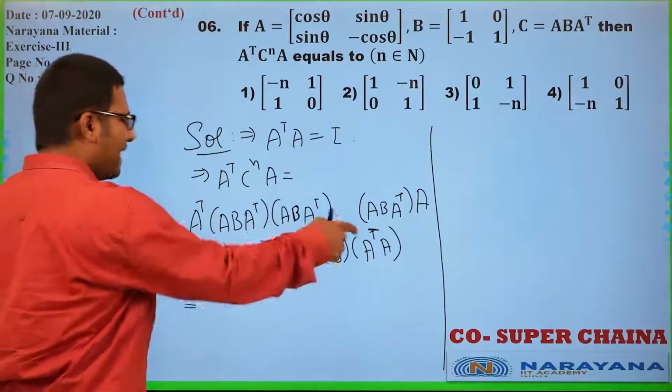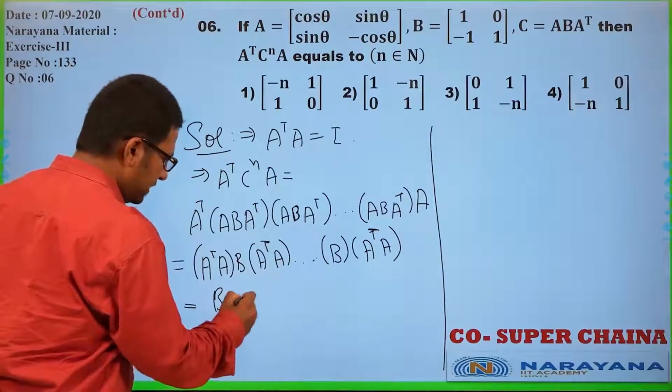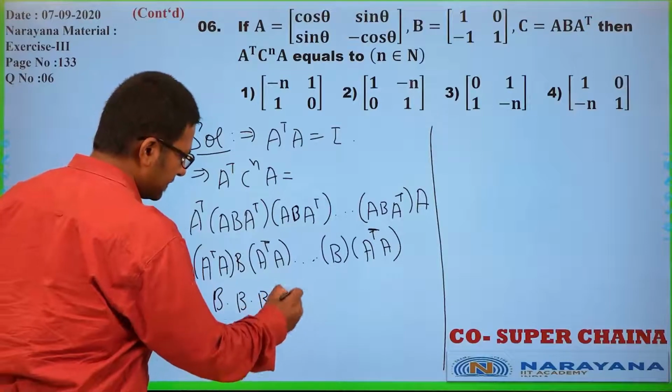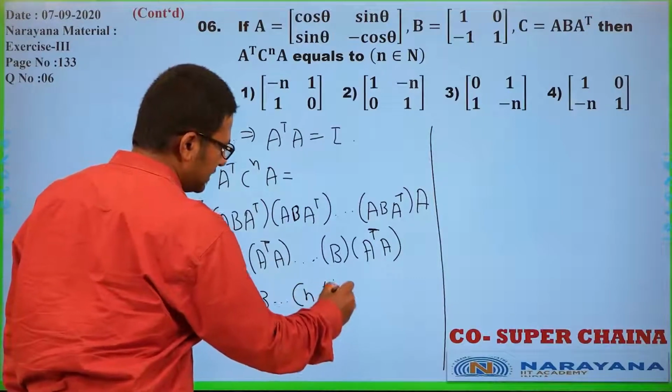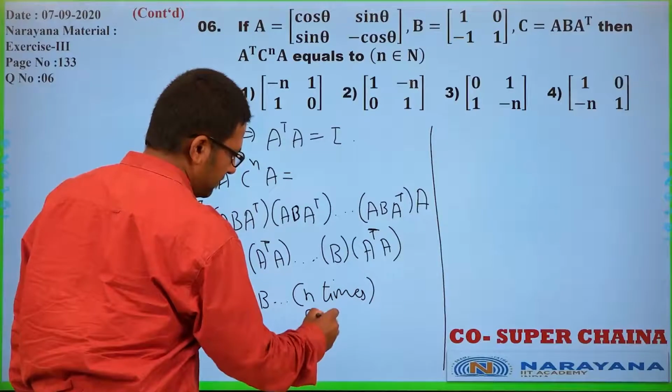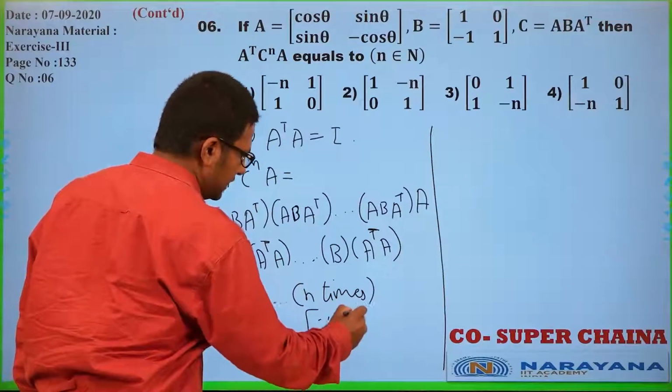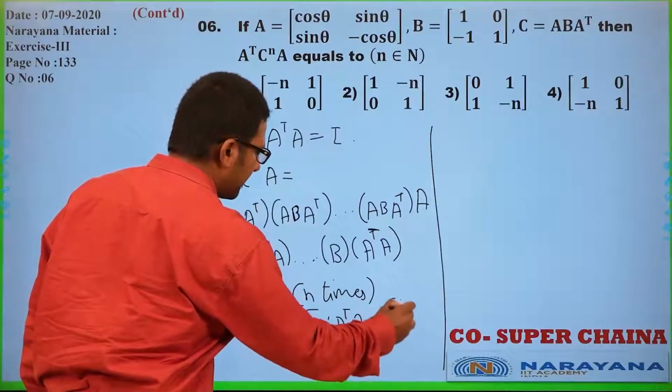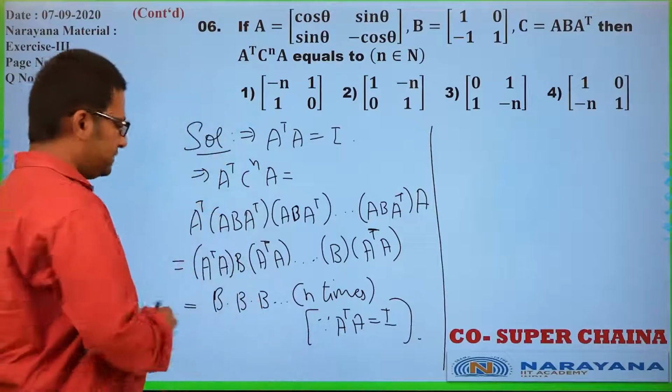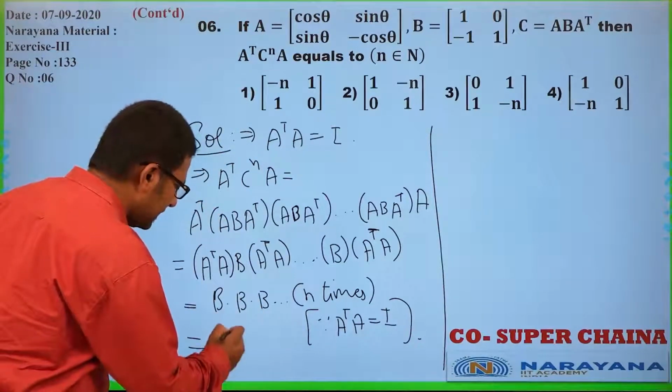All of these are going to be I. So we have B into B into B, n times. Why? Because A transpose A is I. So this is basically B raised to n.